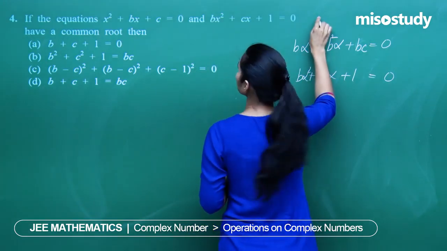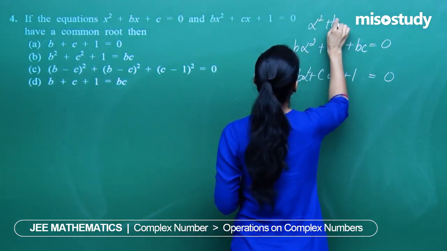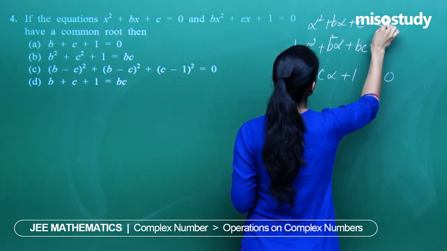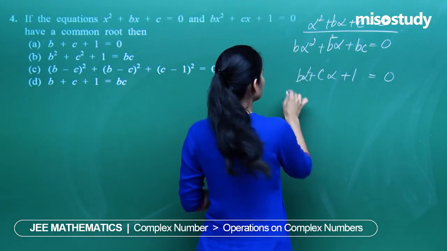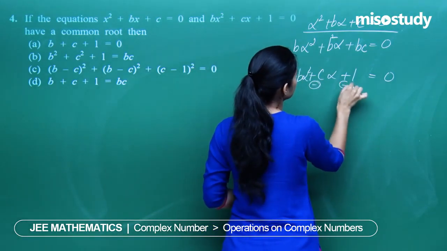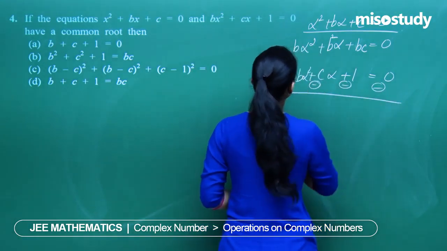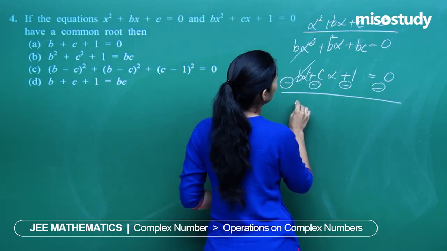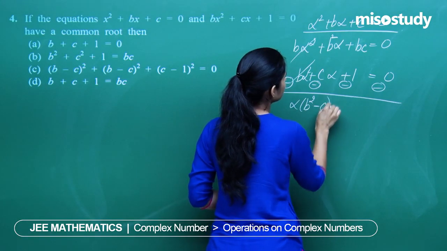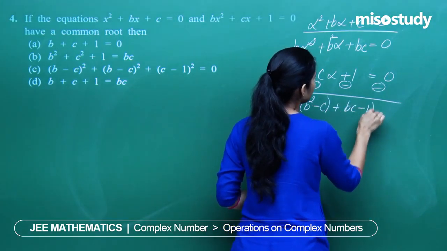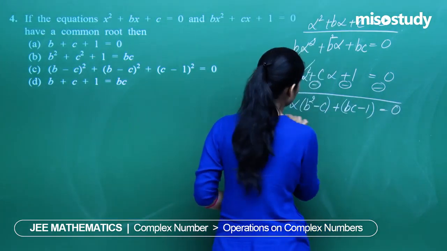What do you get? So you initially had alpha square plus b alpha plus c is 0. You multiplied it by b throughout and then perform this subtraction. You basically get this getting cancelled. You have b square alpha minus c alpha. So it is b square minus c plus bc minus 1 equals 0.